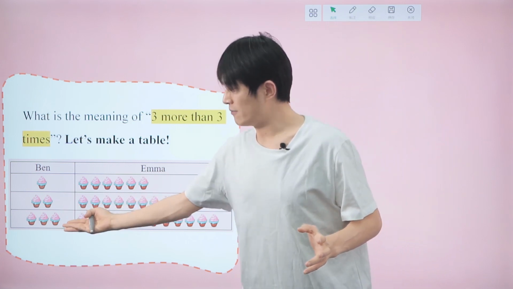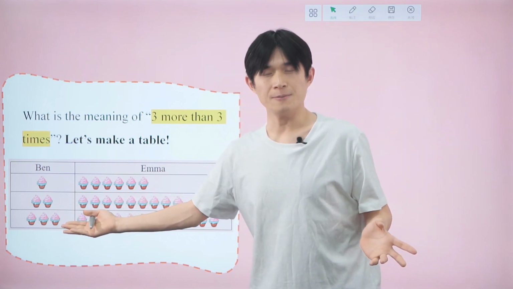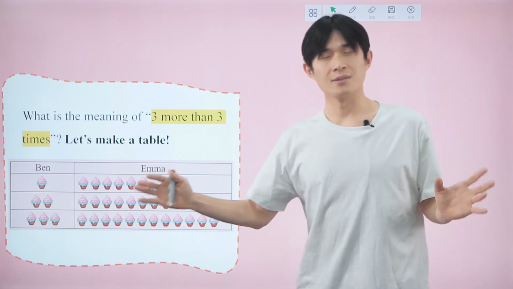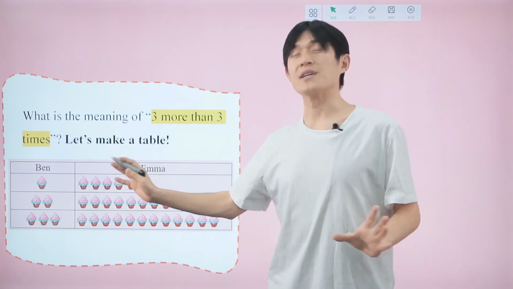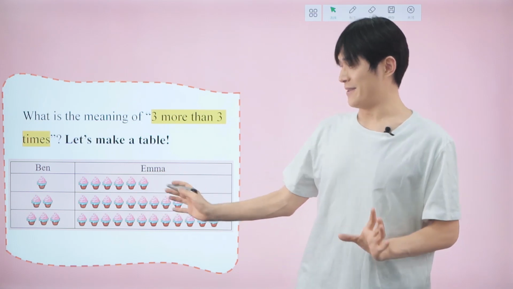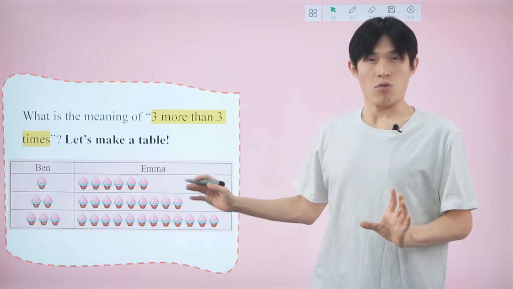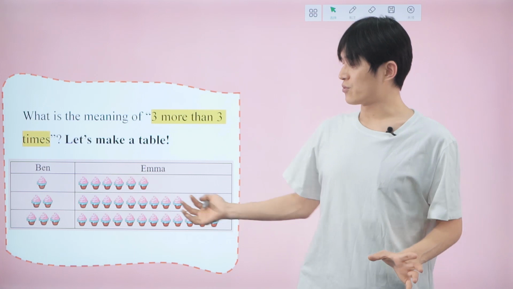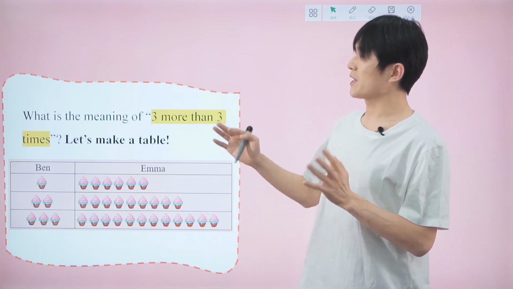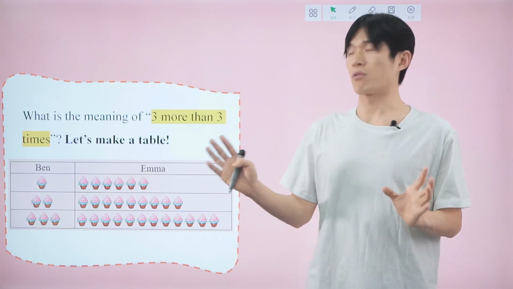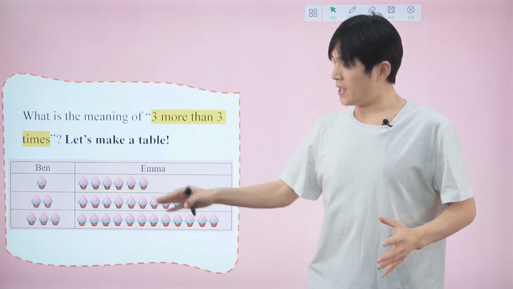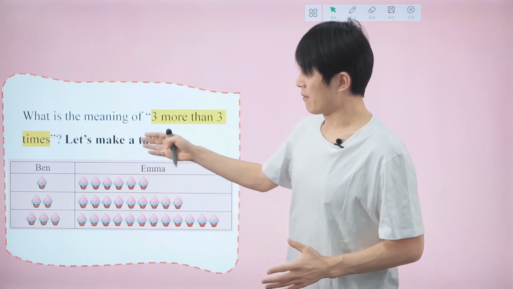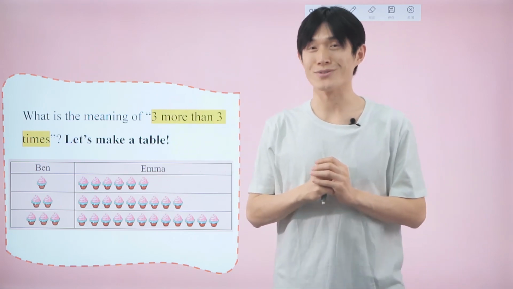And what about if Ben got 3 cupcakes? 3 times 3 is 9, and 9 plus 3 is 12. So we have 12 cupcakes. This is how you understand the meaning of 3 more than 3 times. We can simply make a table and try to deduce the meaning, okay?